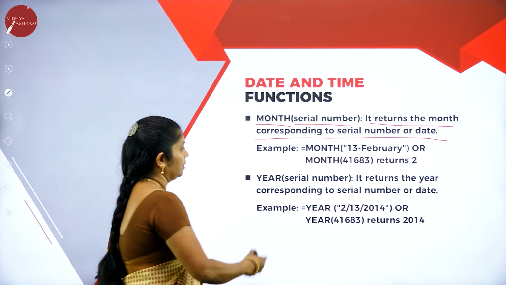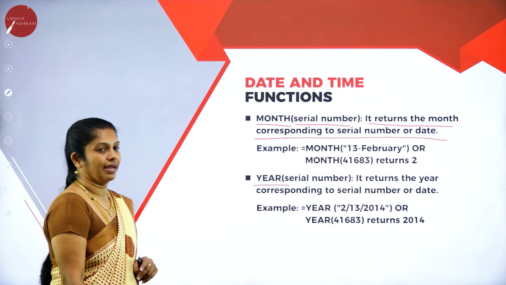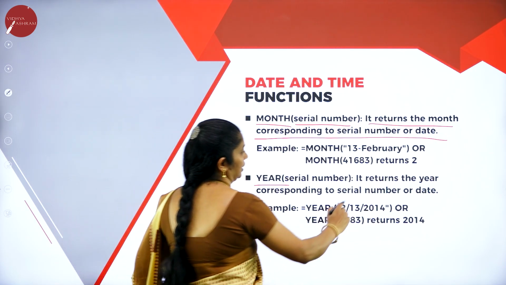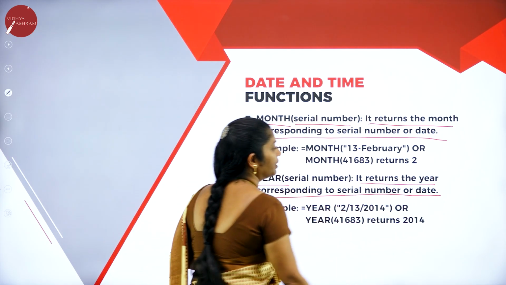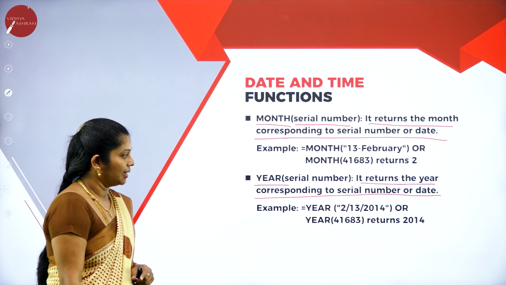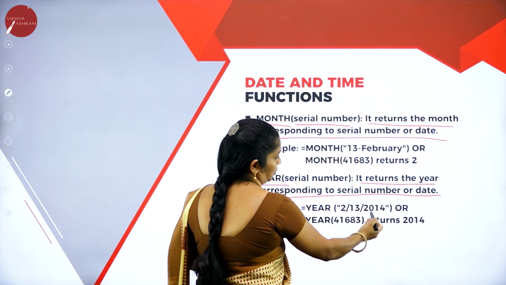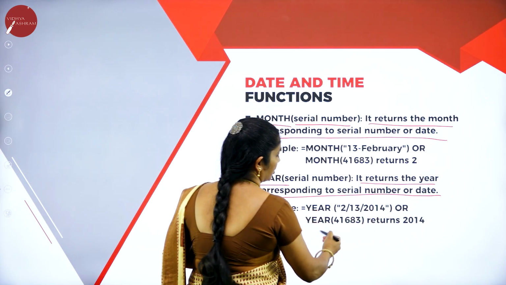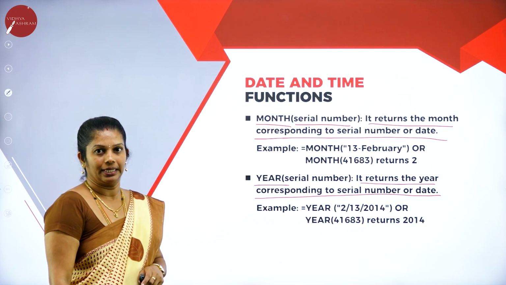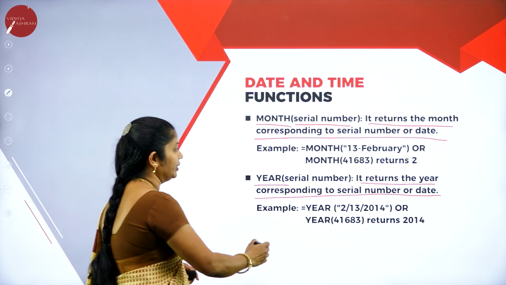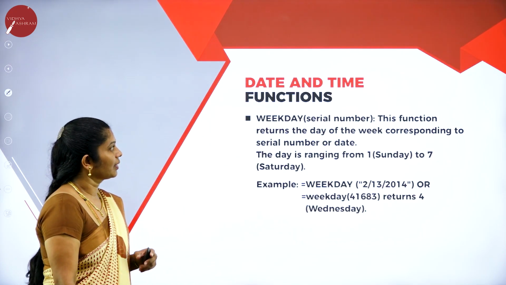Then the YEAR function: inside the bracket you write the serial number, then it returns the year corresponding to a serial number or date. For example, the year of 41683 will return 2014. Whichever year you write, that year it will display here.